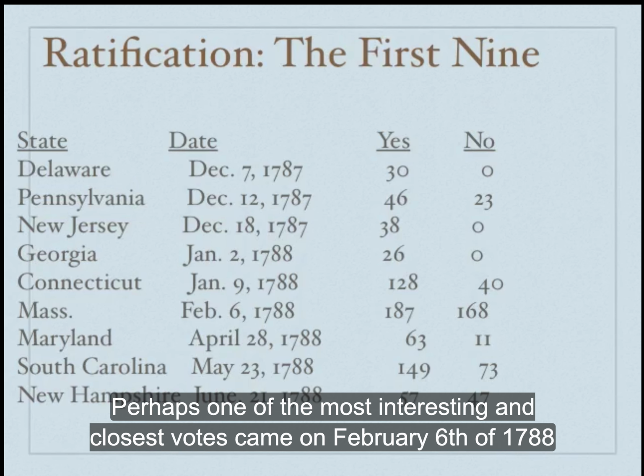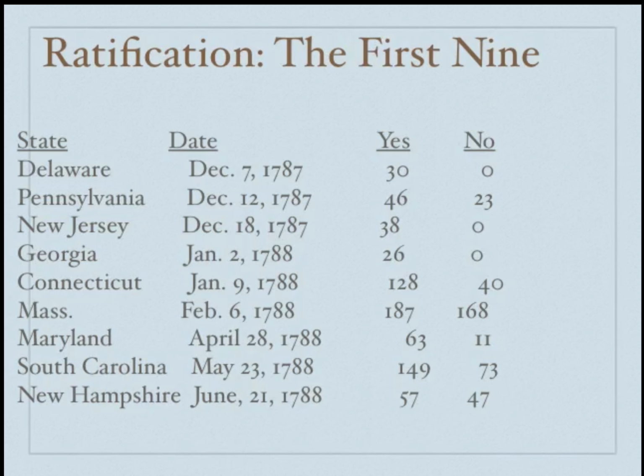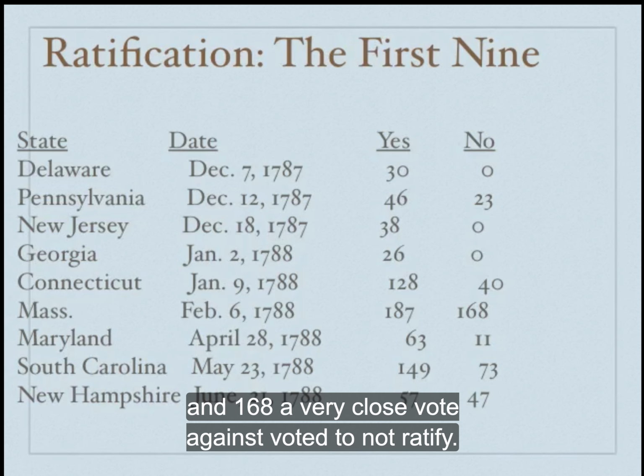Perhaps one of the most interesting and closest votes came on February 6th of 1788 in Massachusetts, where 187 delegates voted in favor of ratification and 168, a very close vote against, voted to not ratify.